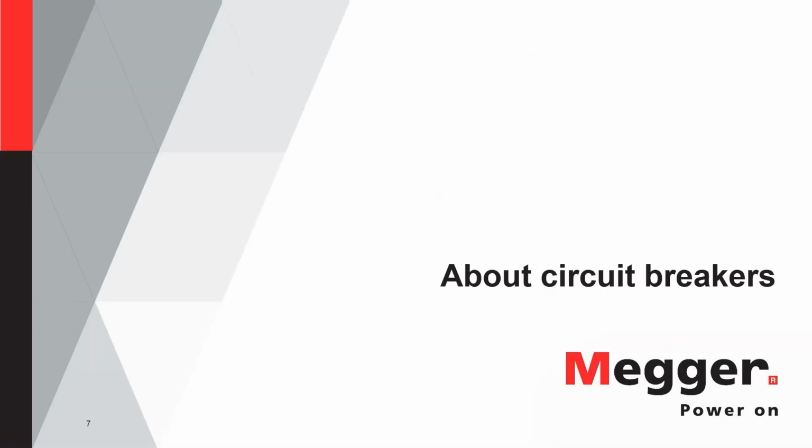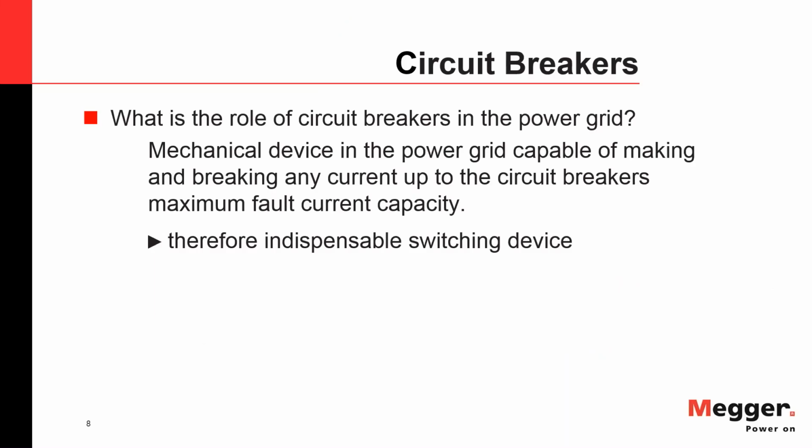Now to the first topic, circuit breakers in general. If you think about what kind of components you have in the power grid, you have transformers, generators, overhead lines, underground cables, but a very essential component is the circuit breaker. Its definition is that it is a mechanical device, and I want to emphasize this because a lot of people forget about it.